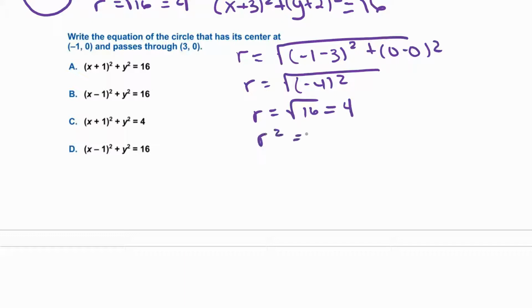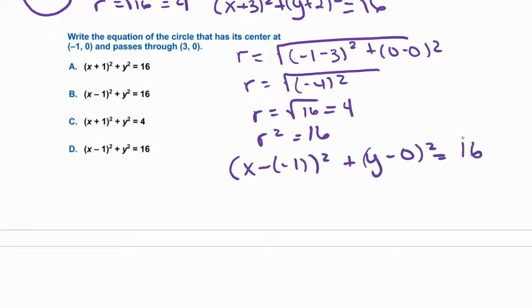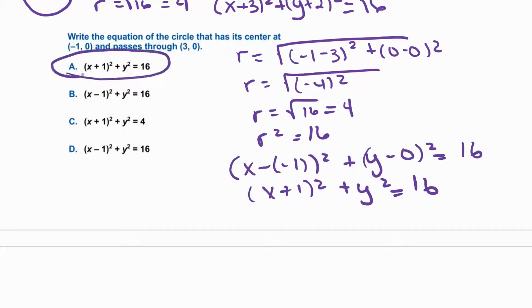So r squared is 16. It would be (x - (-1)) squared plus (y - 0) squared equals 16, which would be (x + 1) squared plus y squared equals 16. And that would be answer A.